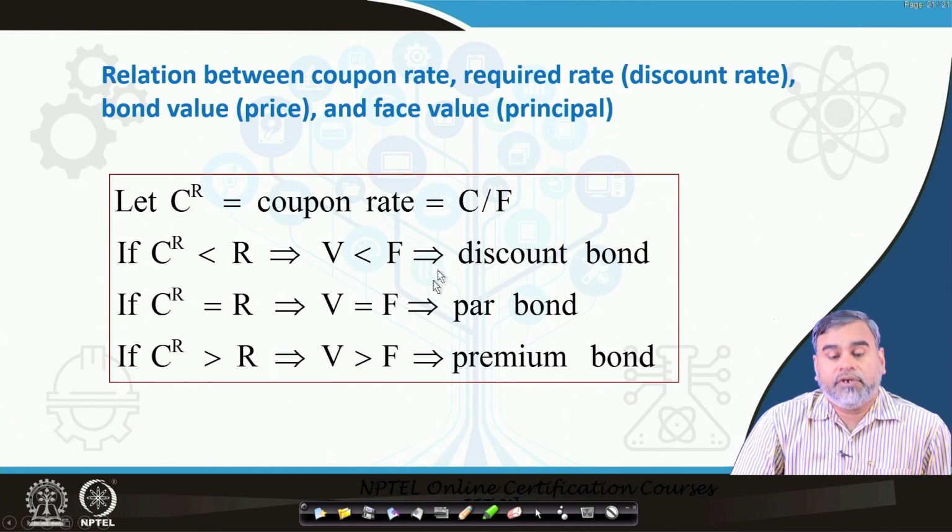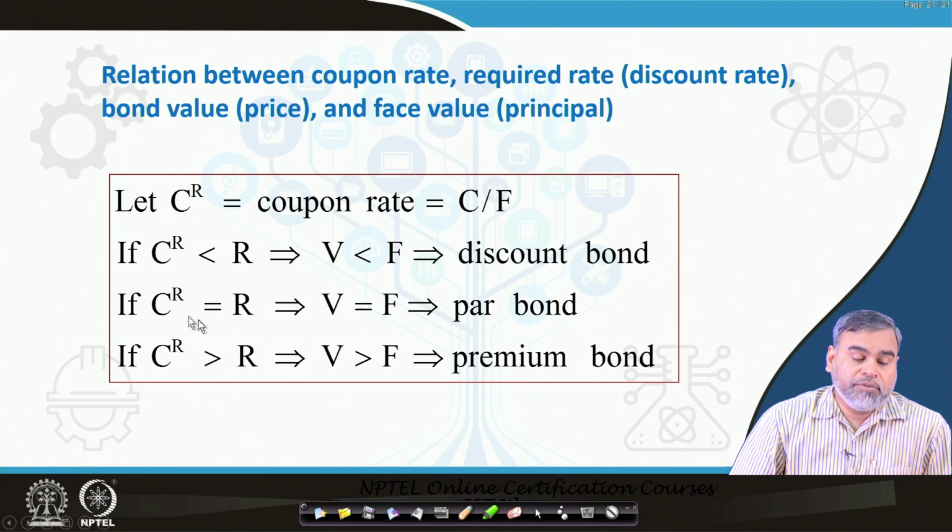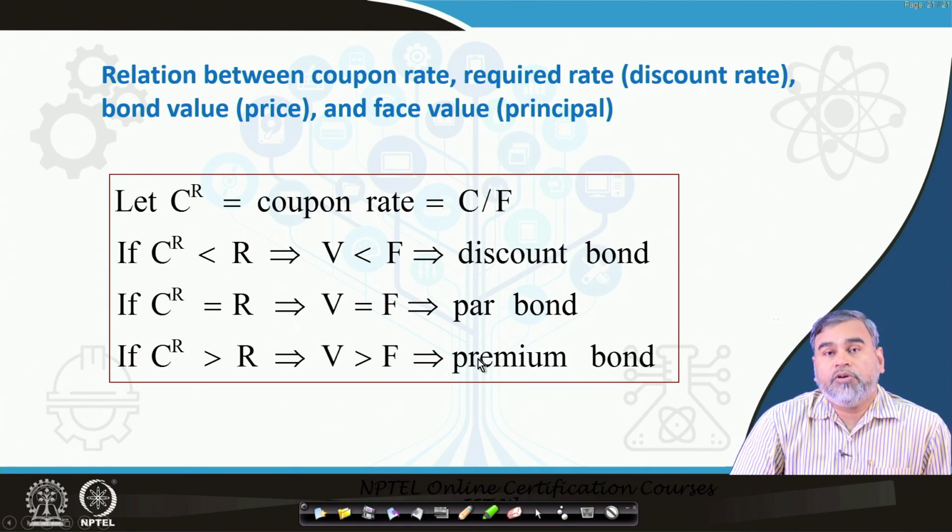That time the value of the bond is less than the face value, that is why it is called the discount bond. Then we have the reverse one: if the coupon rate is more than the discount rate, then the value of the bond will be more than the face value. That is called the premium bond.